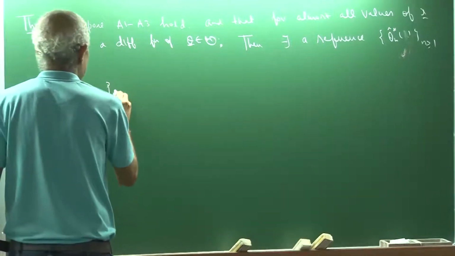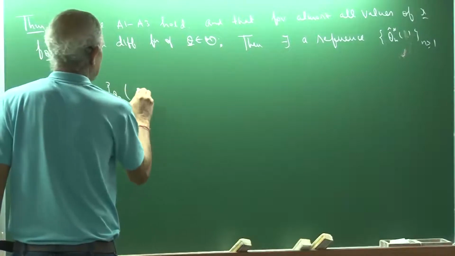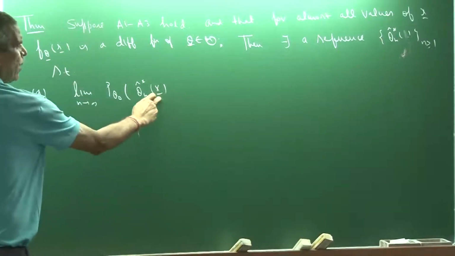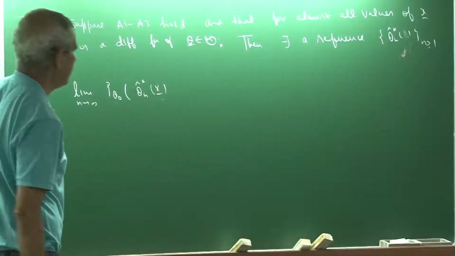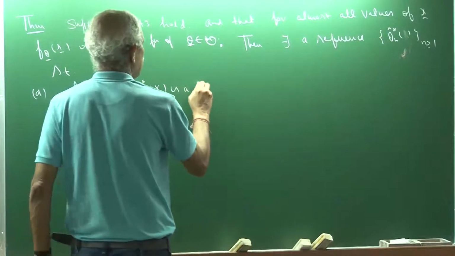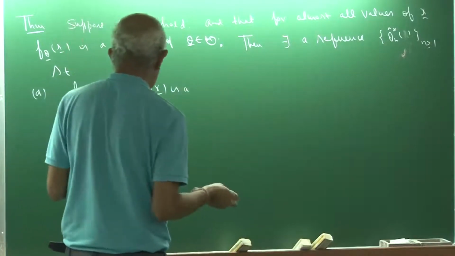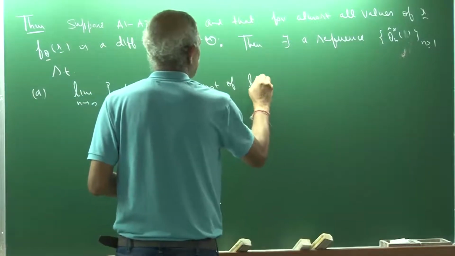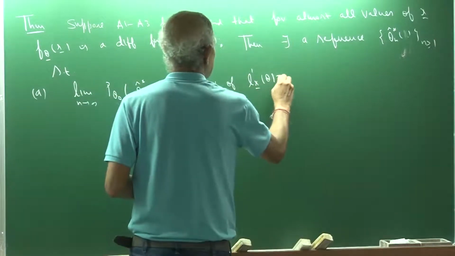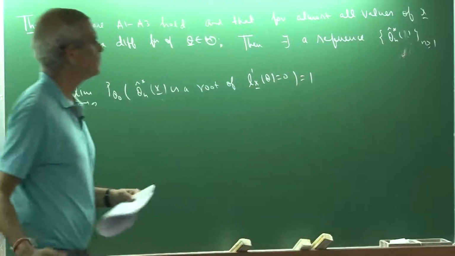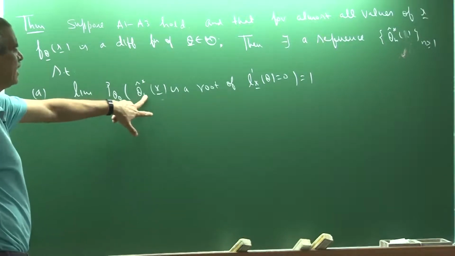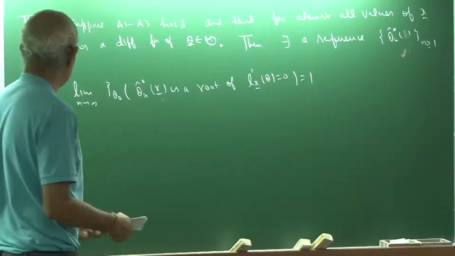So this probability, with respect to the distribution of x, that theta n hat star x is a critical point, or theta n hat star x is a root of Lx prime theta equal to 0, is 1. So there will always exist a sequence theta n hat star x such that in the limit n going to infinity, the probability that theta n hat star is a root of this is 1.